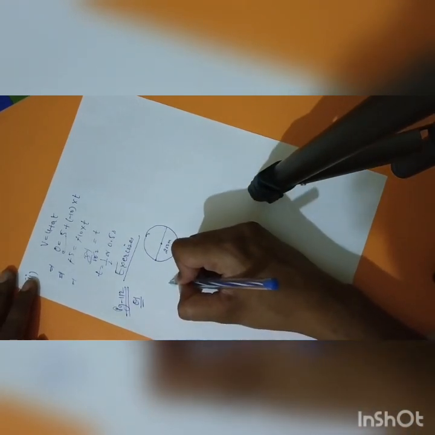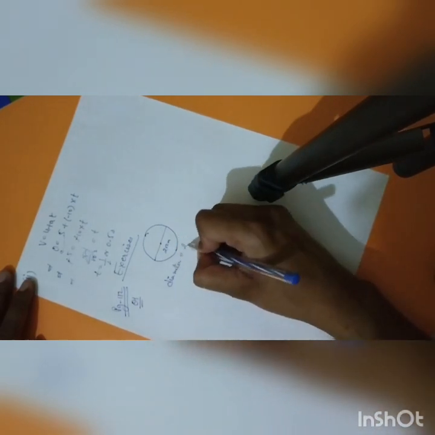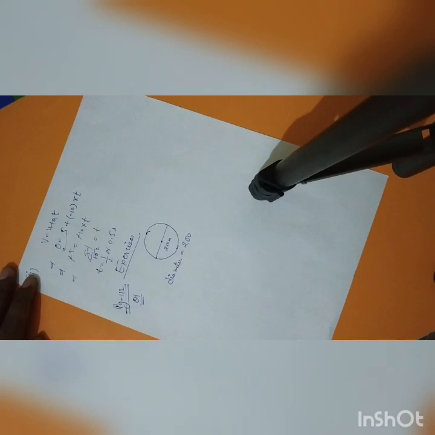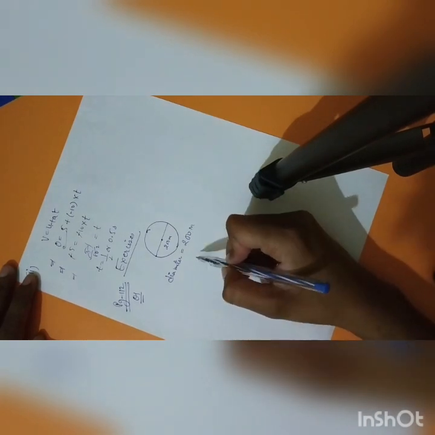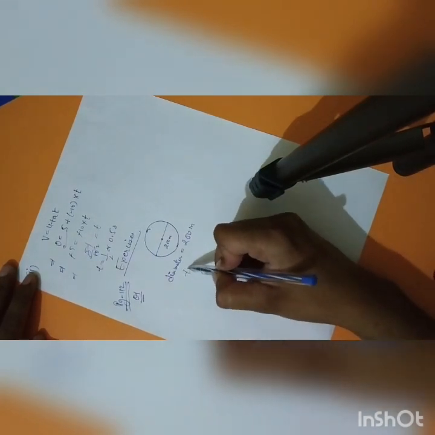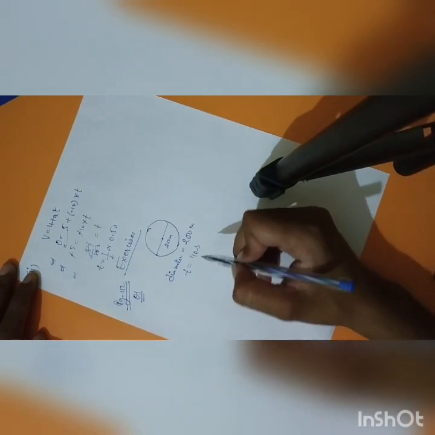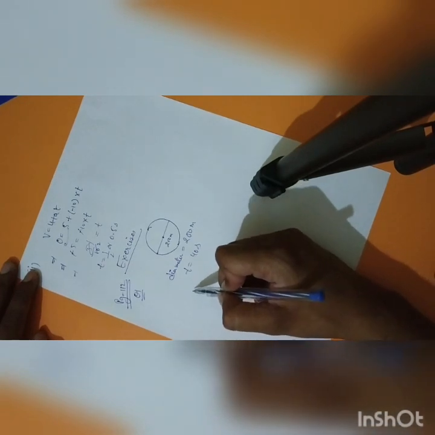The diameter is 200 meters and the time is 40 seconds. You have to find out the distance and the displacement at the end of 2 minutes 20 seconds.